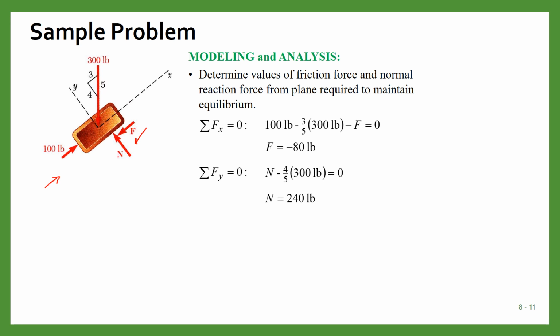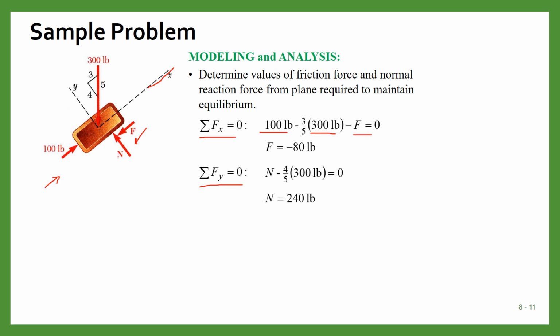Now we are supposing equilibrium, so for equilibrium summation of Fx will be 0 and summation of Fy will be 0. Suppose this is our x direction. In the x direction we have the applied force, then one component of the weight, and then the friction force.